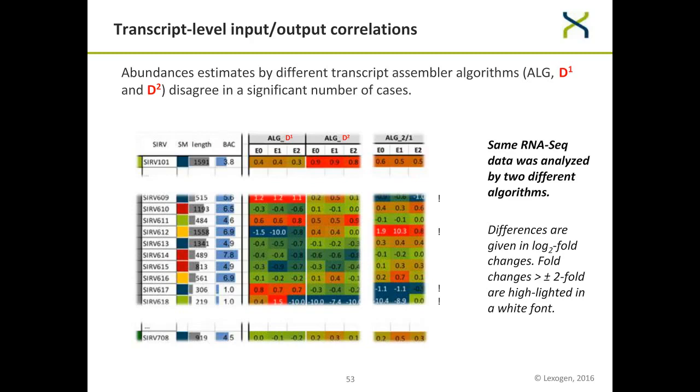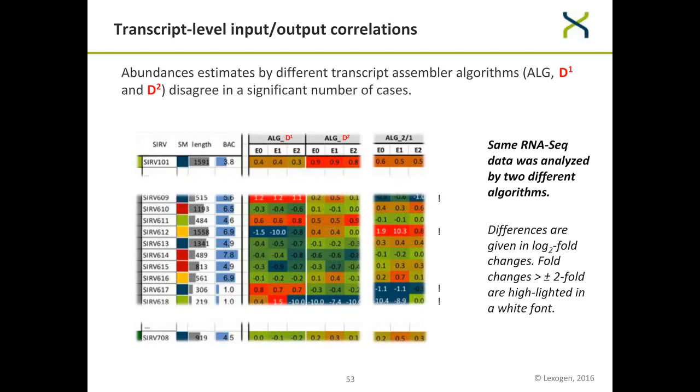Now let's look at a few examples. For example, here, SURF 613. So the first pipeline, D1, actually is doing quite a decent job. It doesn't have a high deviation from the expected value, and the same is true for D2. So also here, actually, they show quite a good concordance. The same is actually true for SURF 611.